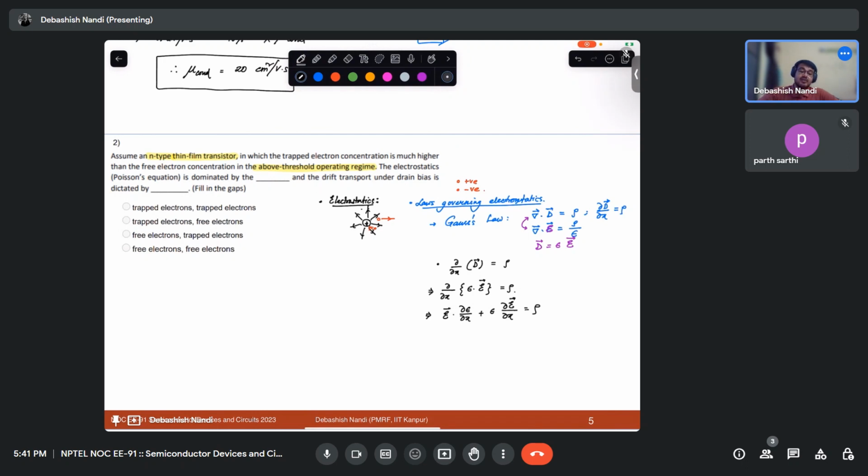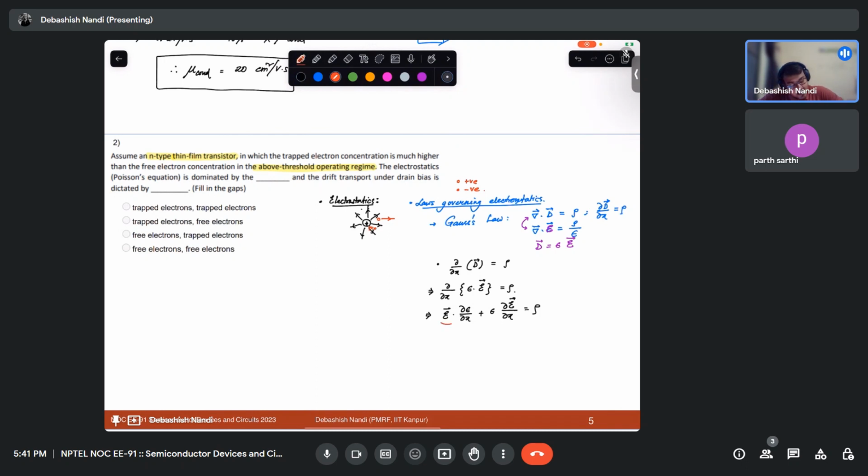Is this okay? We were telling epsilon something. The material epsilon changes or does not change? Yeah, exactly, right?